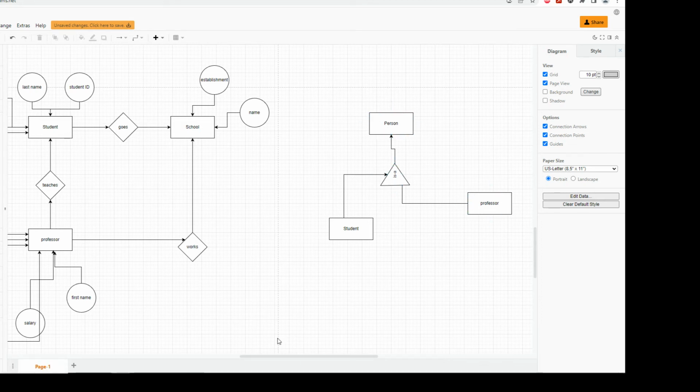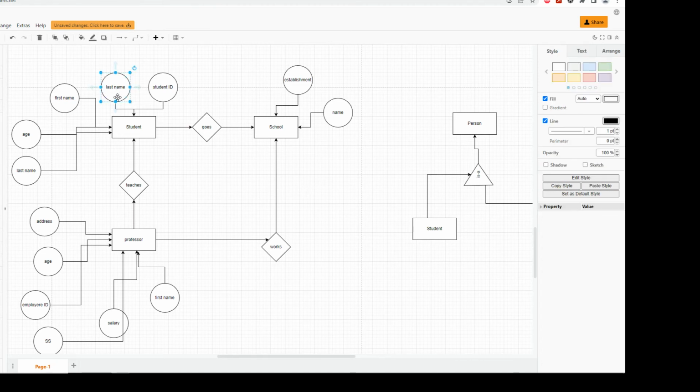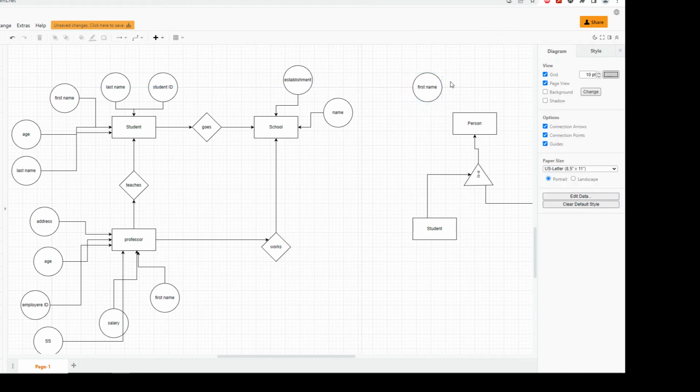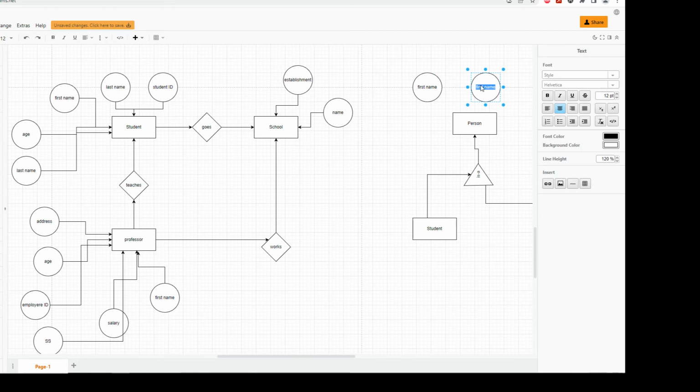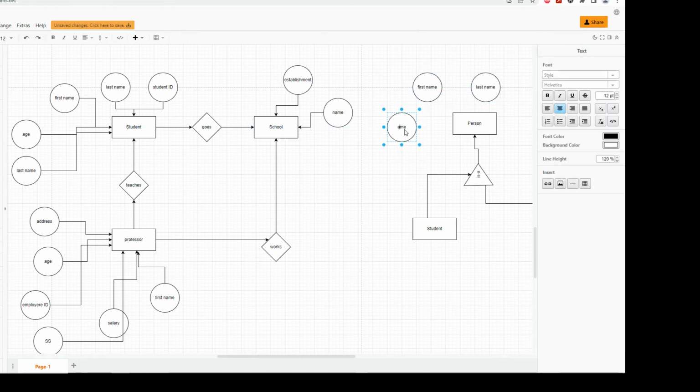The interesting key here is whenever you try to generalize entities like student and professor into person, try to identify any attribute that could be shared among those two. So some of the attributes that can be shared are obviously gonna be first name, last name, age, and let's just say address.